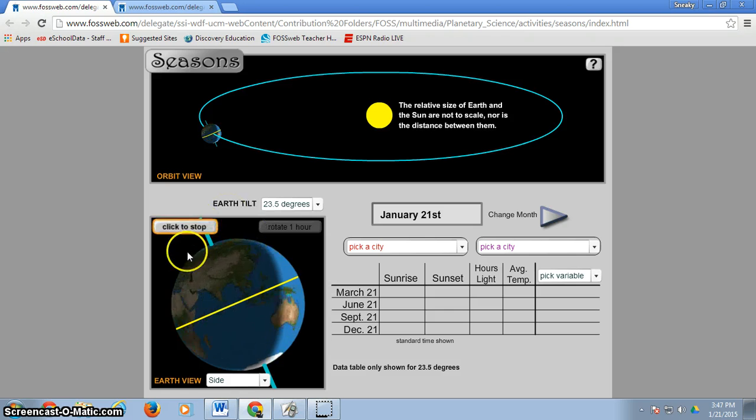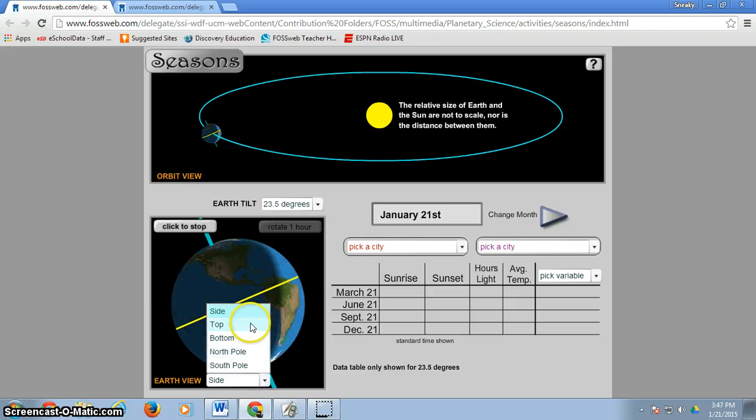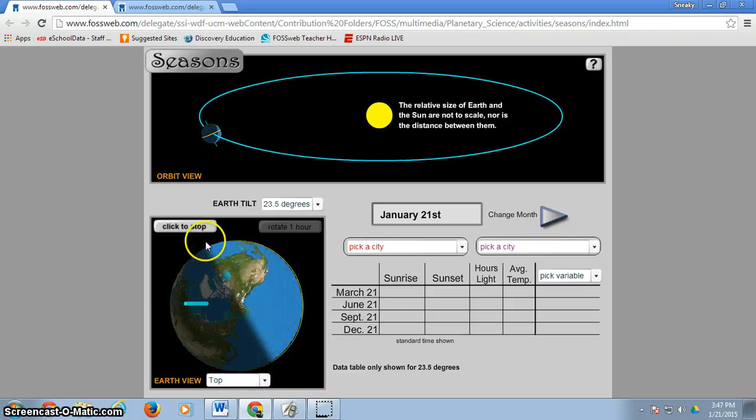So we start off here, January 21st, and we can see that the North Pole is tipped away. This is a winter month. From this angle, it's very, very tough to see exactly how little light we are getting, but if I switch to the top view, we can see half of the Earth in daytime and half of the Earth in nighttime.